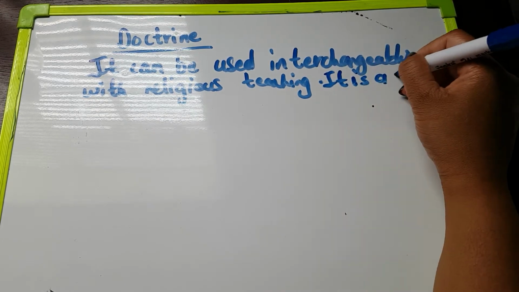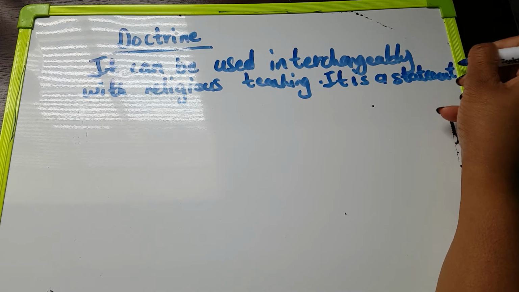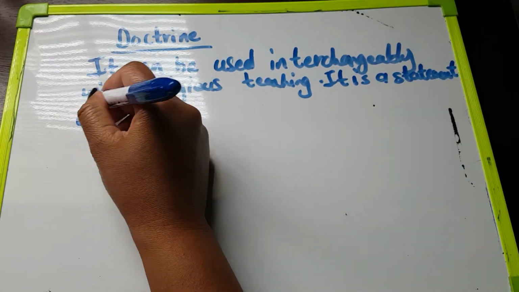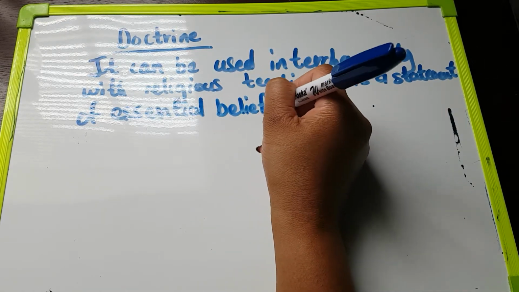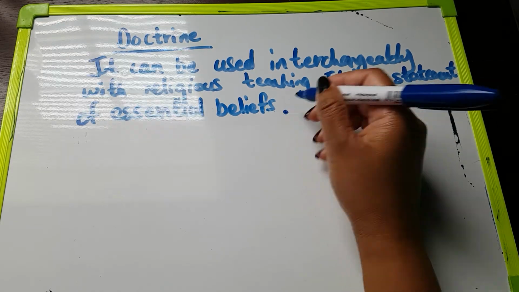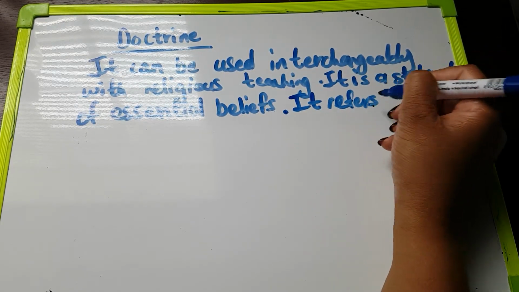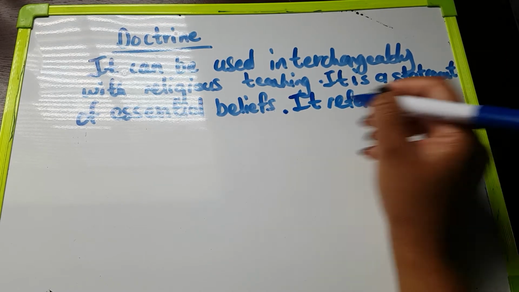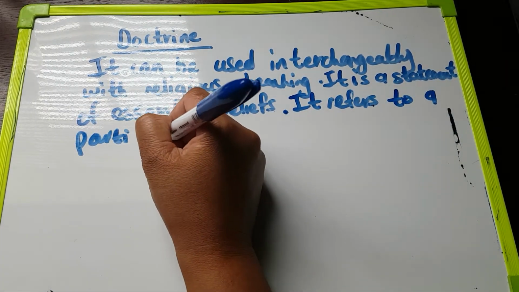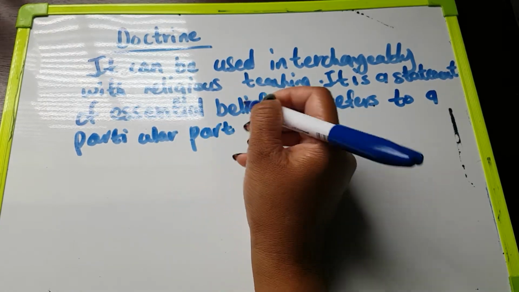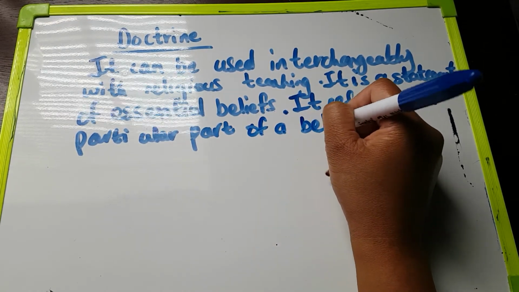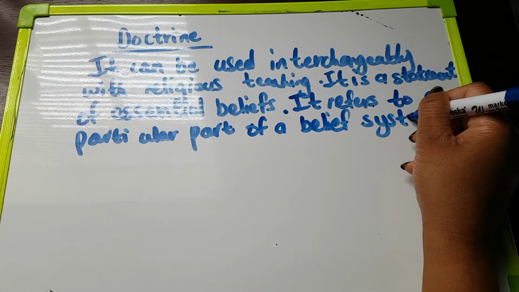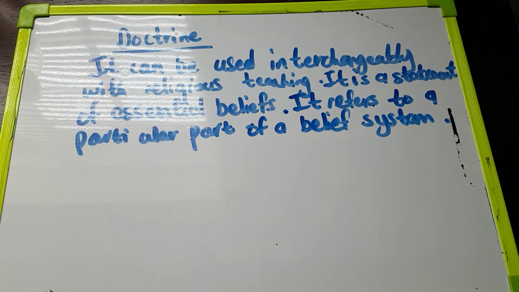It is a statement of essential beliefs. It refers to a particular part of a belief system. So that's how you define doctrine. Let's move on.